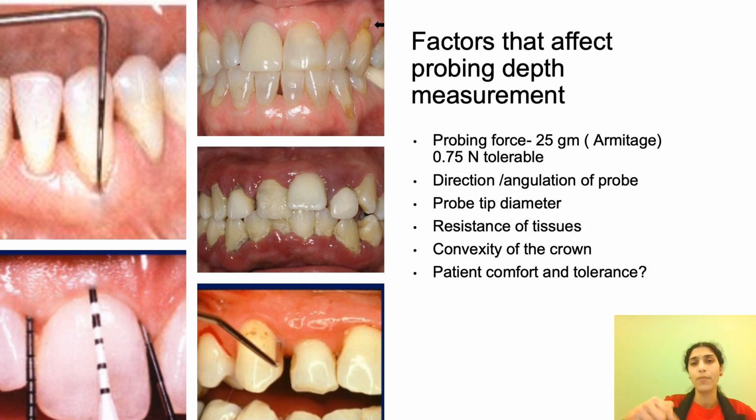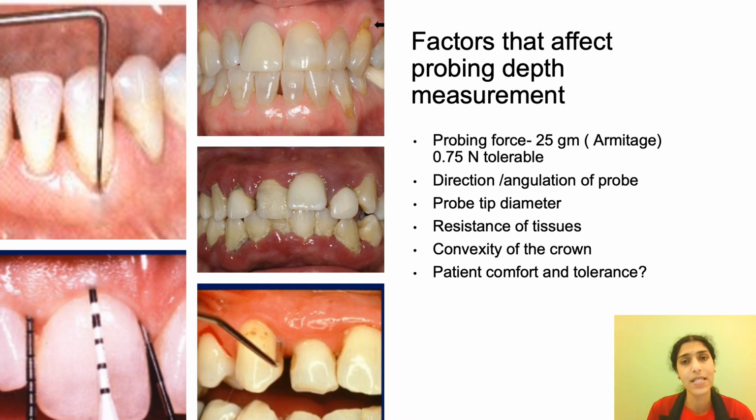It doesn't go, right? The more the diameter, the less the probing depth you can record. But at the same time, the probe diameter should not be so thin that it overestimates the probing depth. It should not overestimate, and it should not underestimate. So the ideal probe diameter is very, very important.